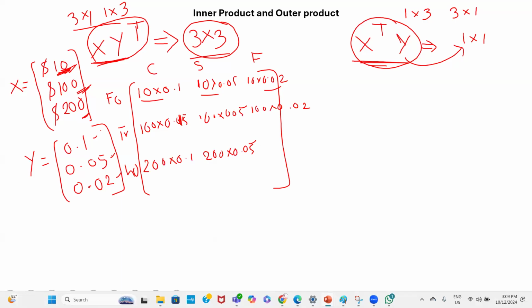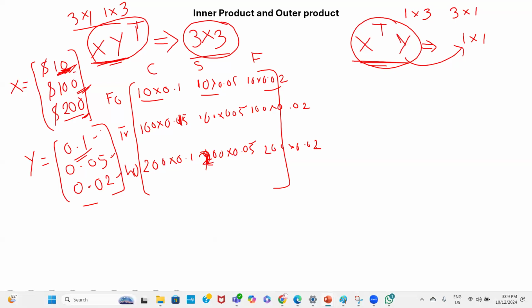Sorry, this is all 200. On 200, what is the breakup of the different taxes? 200 into 0.02. So this is giving the breakup of each tax on different components.